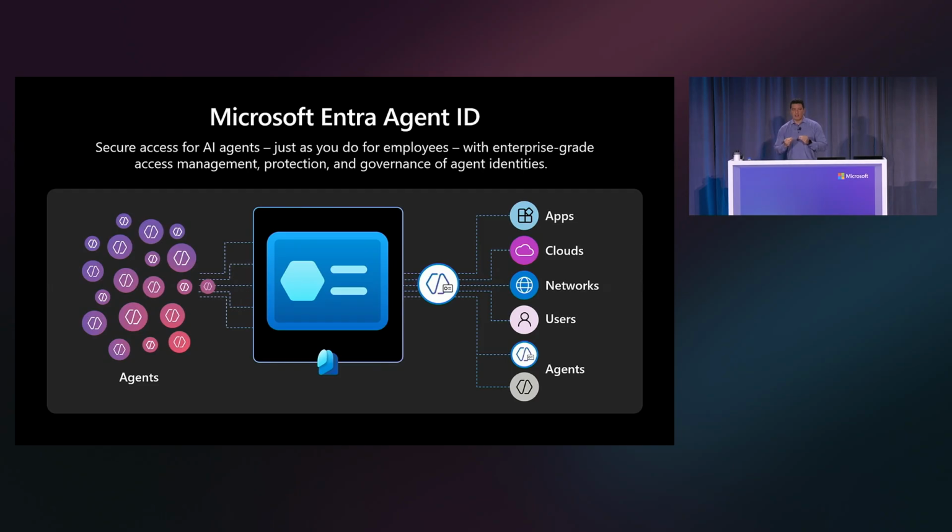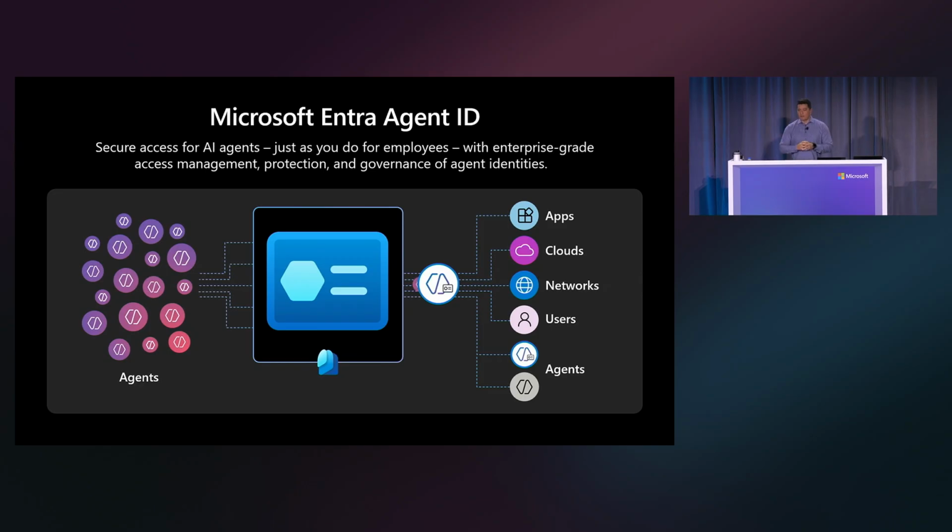With that specific ID, you'll be able to track and see the whole life cycle of that specific agent, make sure it has a sponsor or an owner as well, and then be able to fully control the access that an agent has to specific resources, such as apps, networks, clouds, and other agents as well. It could be agents with IDs or even agents without IDs. So the platform is able to enable that.